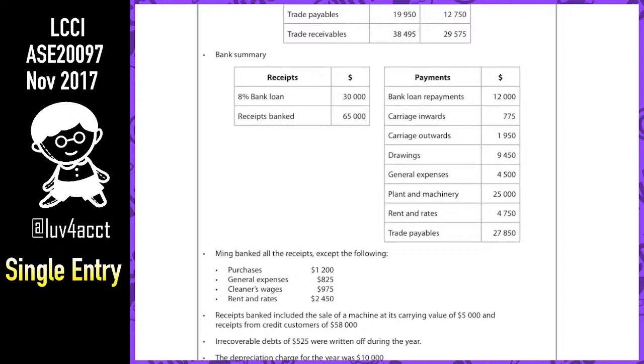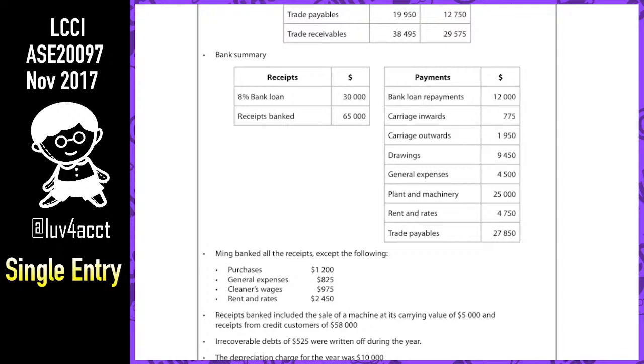Plant and machinery. Rent and rates. Trade payables. Ming banked all the receipts except for the following. Okay, but then we also have trade receivables.